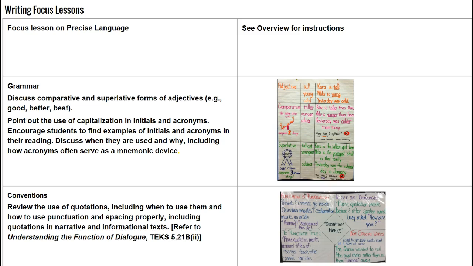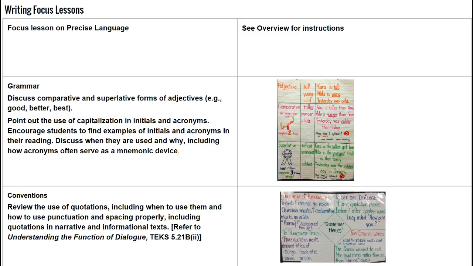And then, of course, follow up during that writing workshop time. Remember that when it's appropriate, use those adjectives that really give you precise language. And then once again, the conventions: take time to have a mini lesson on the proper way to look at quotations, where the placement of the punctuation goes, and then you hold them accountable for that in their writing.